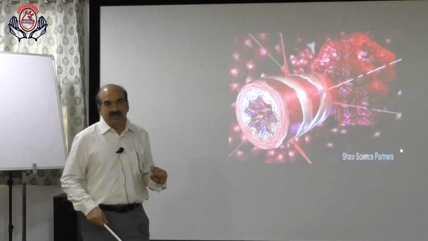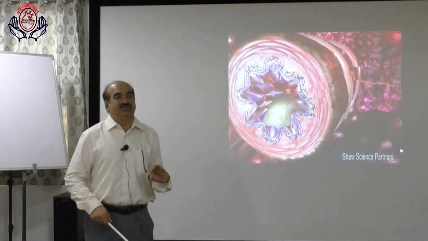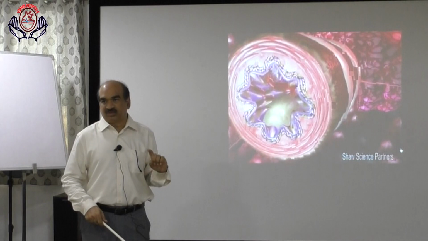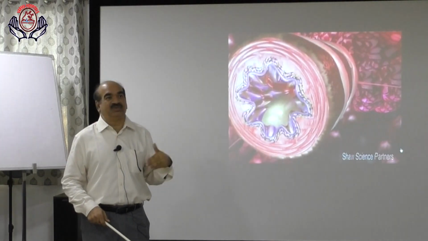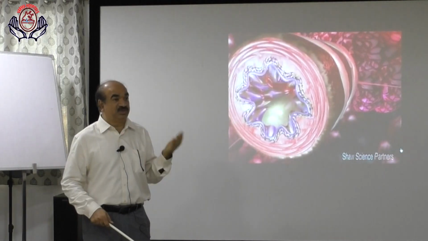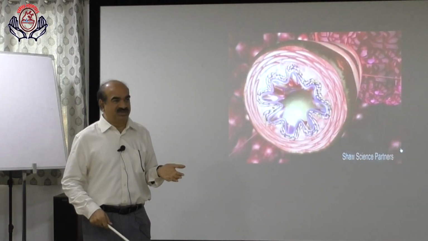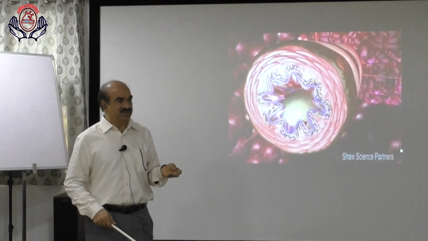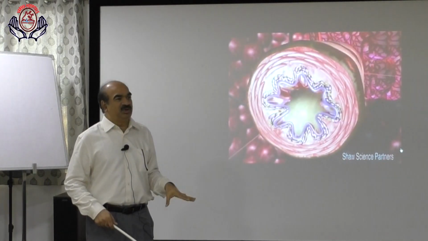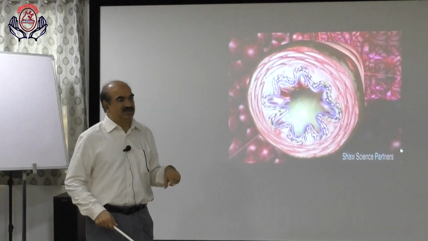The reason is that the diffusion capacity of carbon dioxide is 24 times more than oxygen. Diffusion capacity of CO2 is very high, it is 25 times higher than oxygen. So whenever there is interstitial disease or alveolar disease, oxygen will be low, but CO2 will be normal.